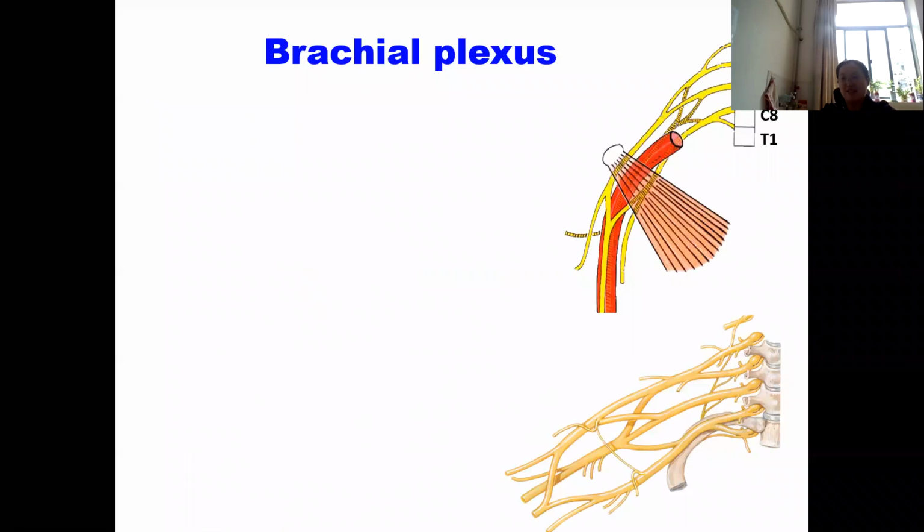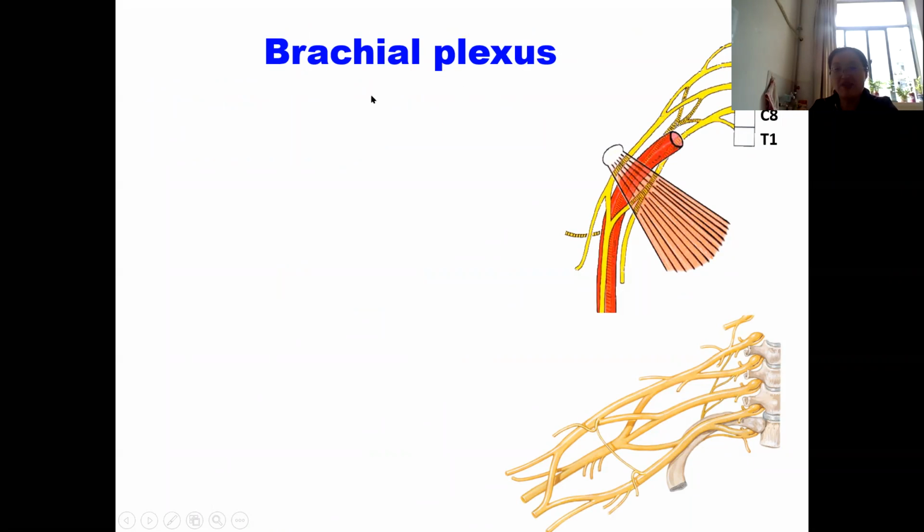Brachial plexus. If I give you the term explanation, first where it is located, then which nerves form the brachial plexus, and then the major branches and the distribution of the brachial plexus.